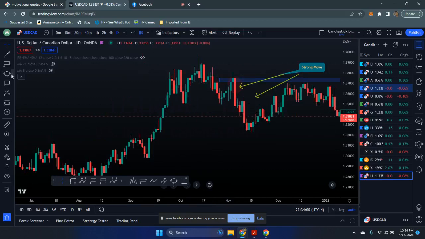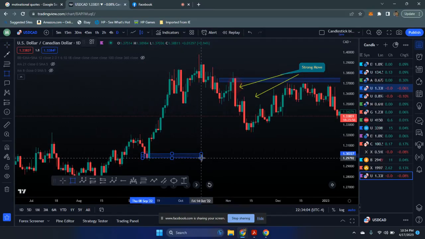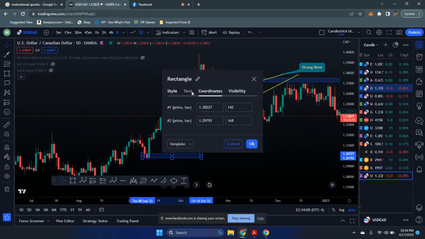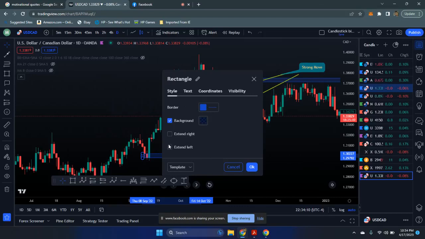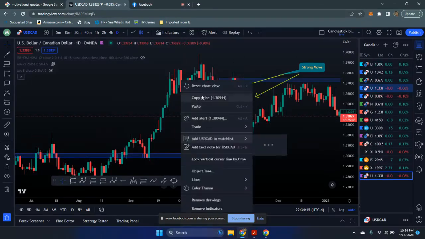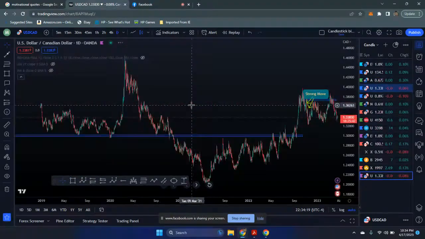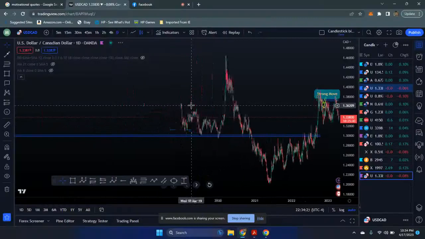So what I'm going to do is mark a demand area as well, and let's see how that respects. I actually like this area.